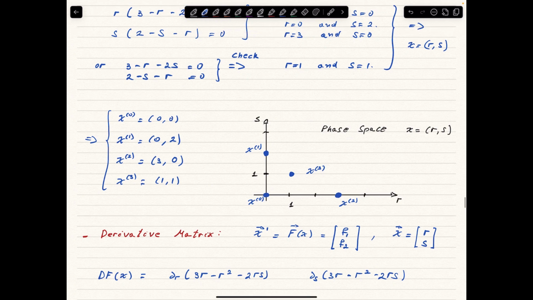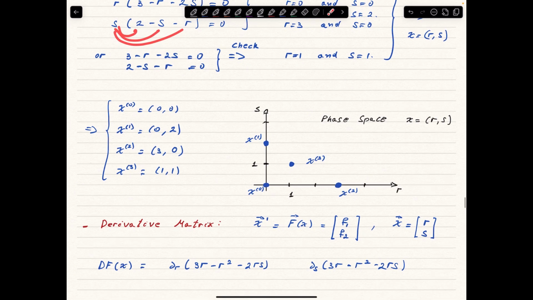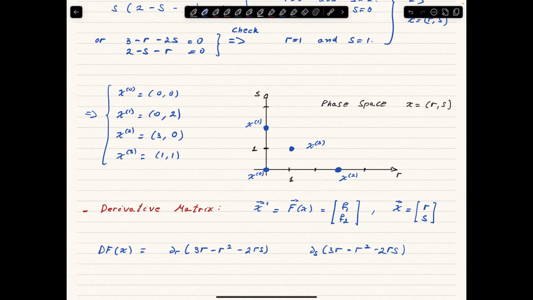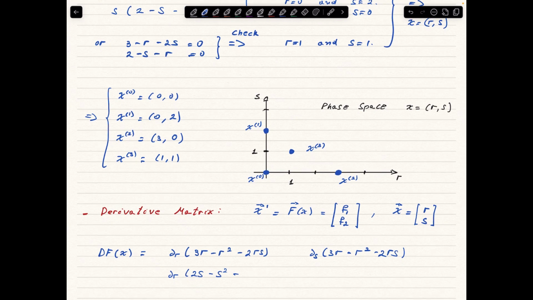And now the other equation. Again, recall, I'm going to distribute the factor, and what are we going to have? The derivative with respect to R of 2S minus S squared minus RS. And now the same function, derivative with respect to S, 2S minus S squared minus RS.